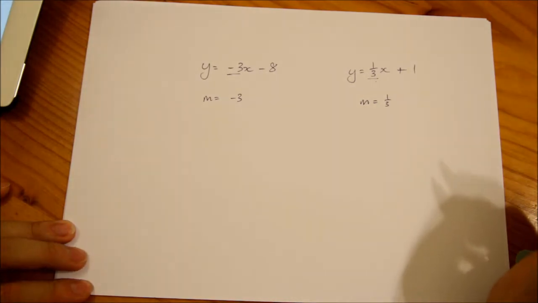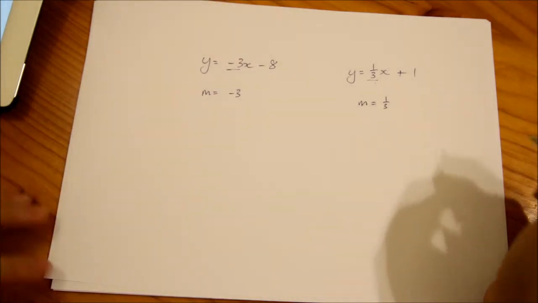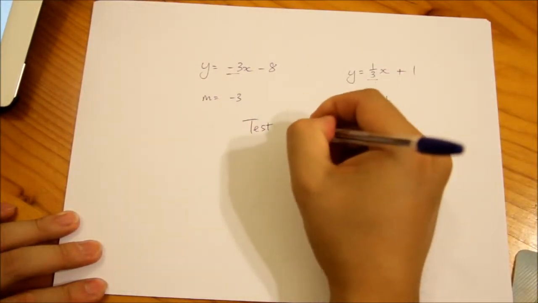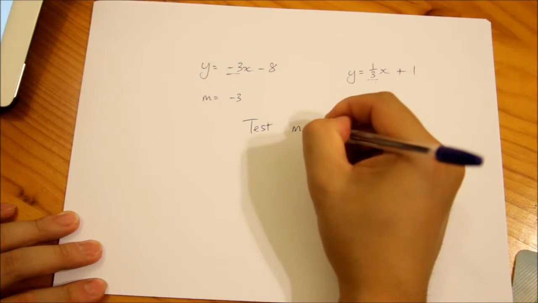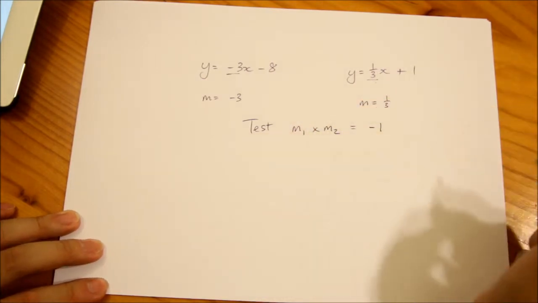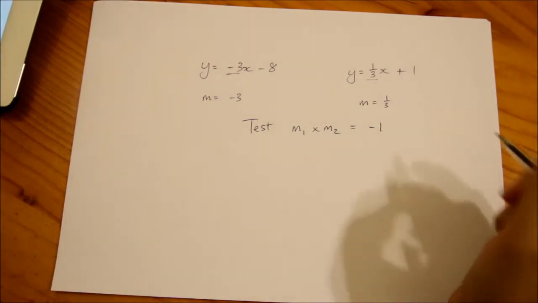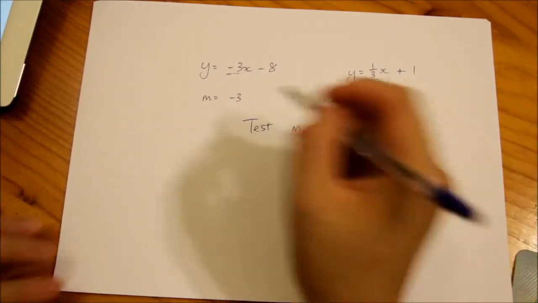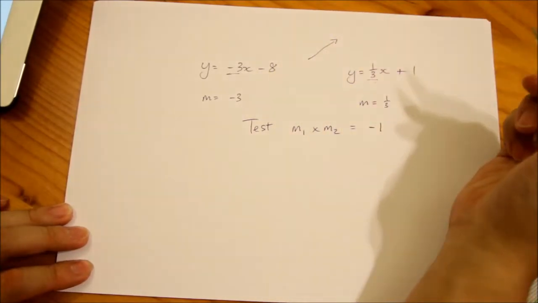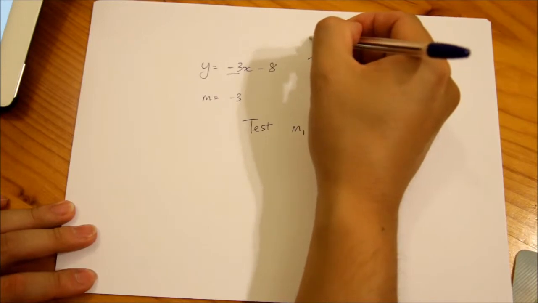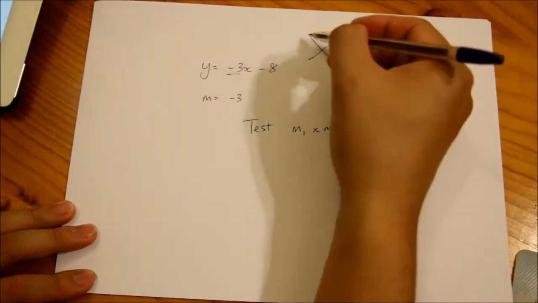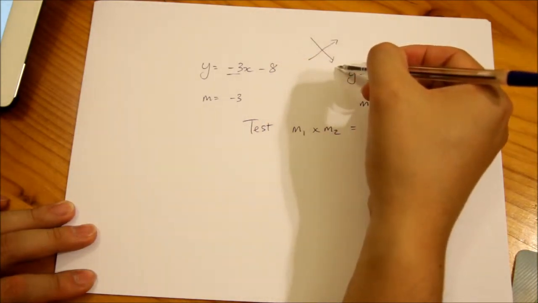Alright, now what you want to make sure, this is the ultimate test, okay, is that if you multiply the two gradients together, it should equal minus 1, okay? So it definitely makes sense, because one has to be a positive gradient going up, and in order for it to be perpendicular, the other equation should have a negative gradient, which makes the line go down, okay?